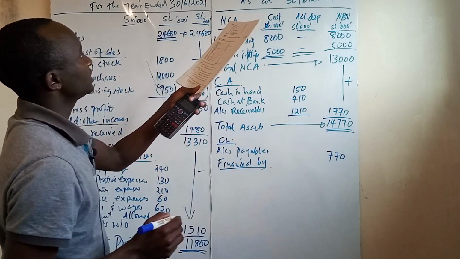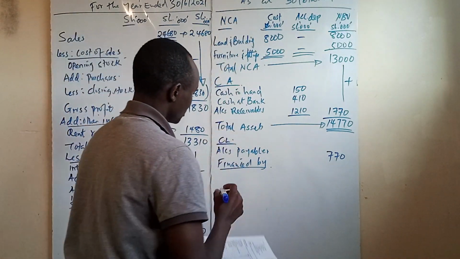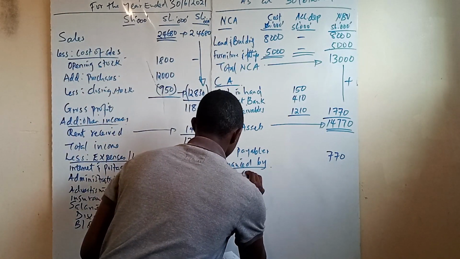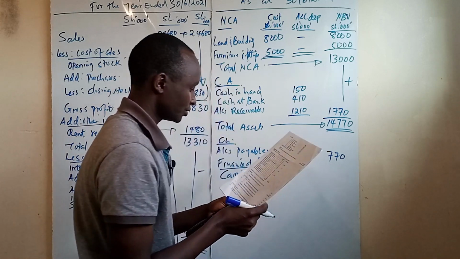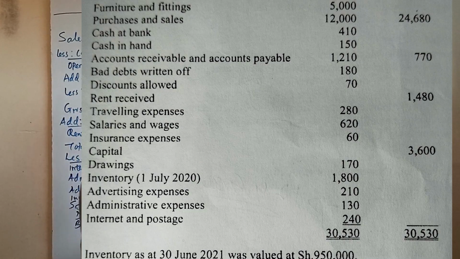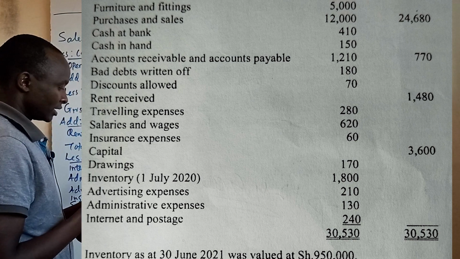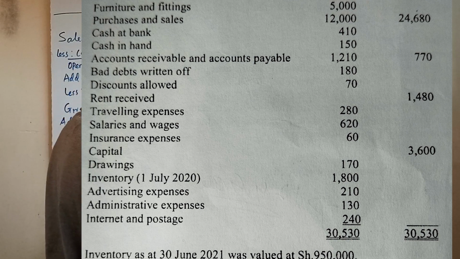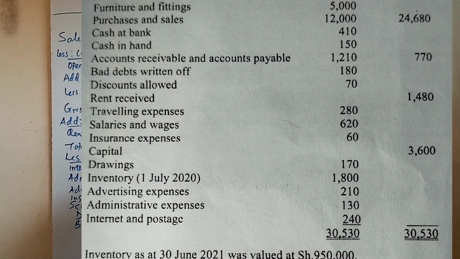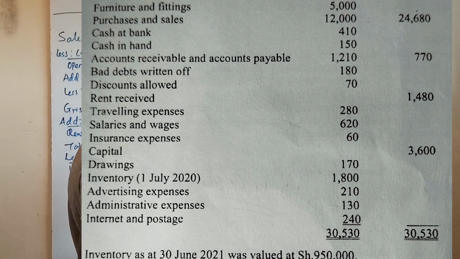So Ujenzi Traders business is financed by the capital he contributed himself, the capital. So we had the capital of 3600. Since capital has got its own adjustment, let's put it to the second column. We have capital of 3600, and then we less drawings. So this is just an extension of what we are doing.